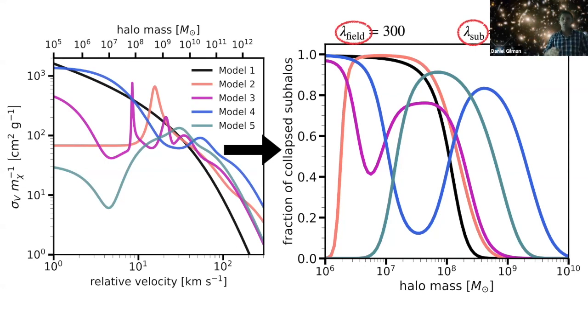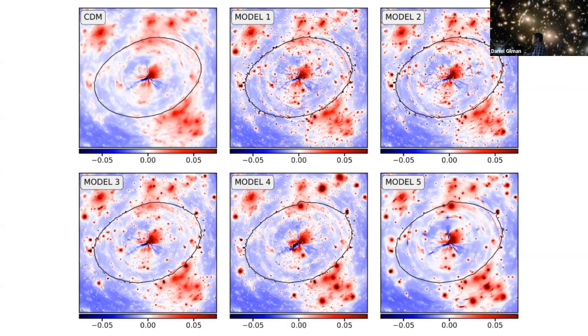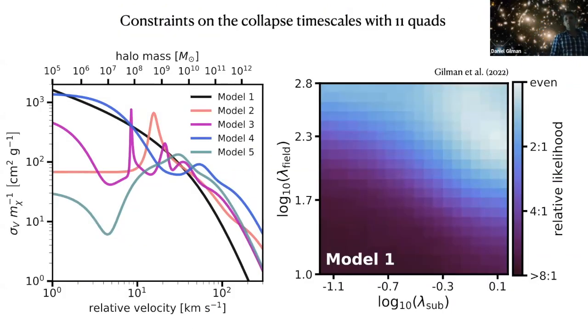If you look at model 5, this curve here, the turquoise one, there's no low mass things collapsing, and the only things collapsing are relatively massive halos. Okay, so that seems to make sense.